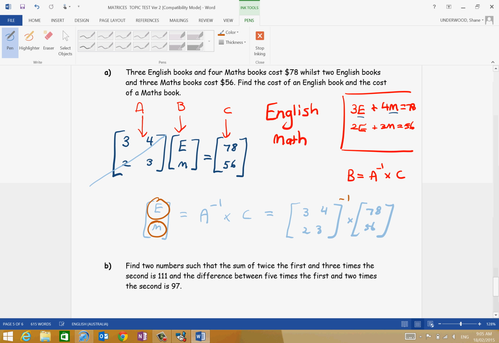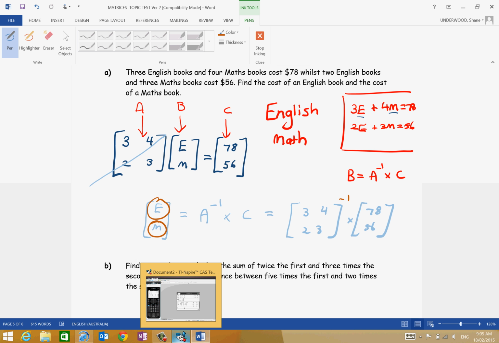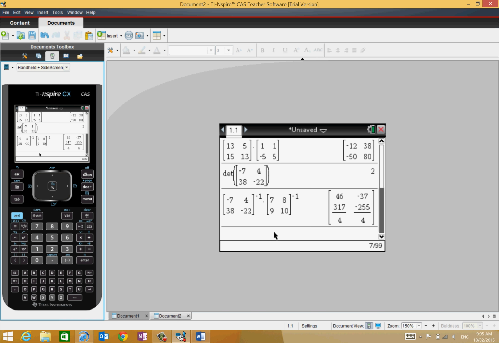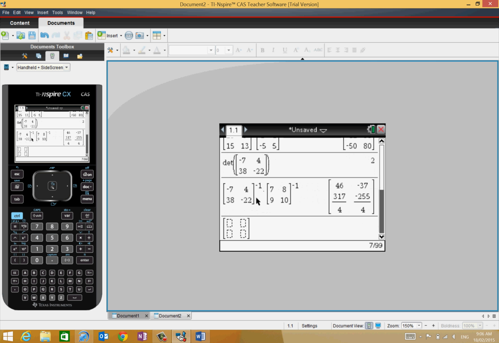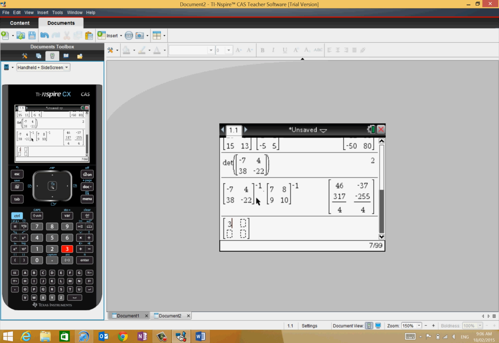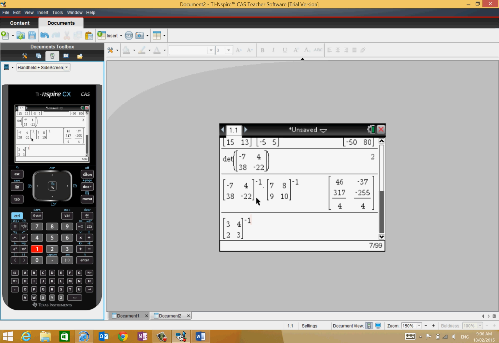So I go ahead and I find that inverse, 3, 4, 2, 3, to the power of negative 1. And we're multiplying that by matrix C, which was, what was it, 78 and 56?